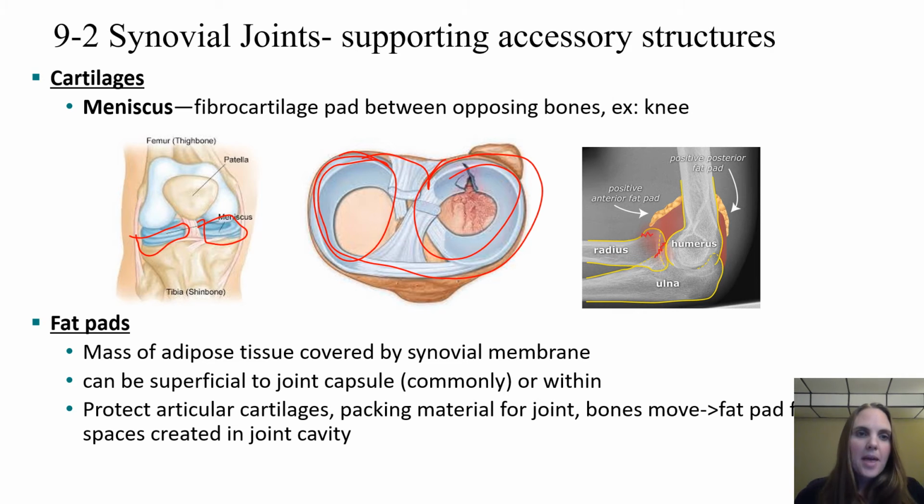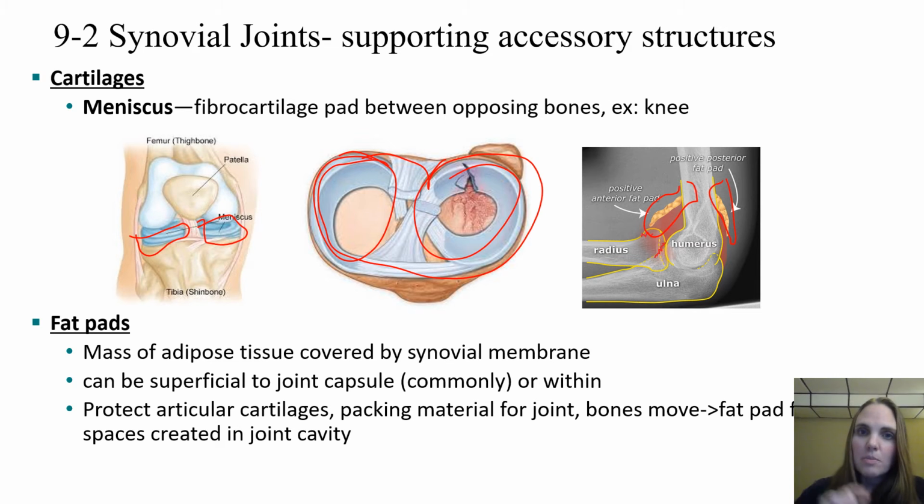We also have fat pads. So we have masses of adipose tissue covered by synovial membrane, and these can be superficial to the joint capsule, which means on the outside, or they can be within the joint capsule themselves, and you can kind of see that in this image here of the elbow. We've got a fat pad here.